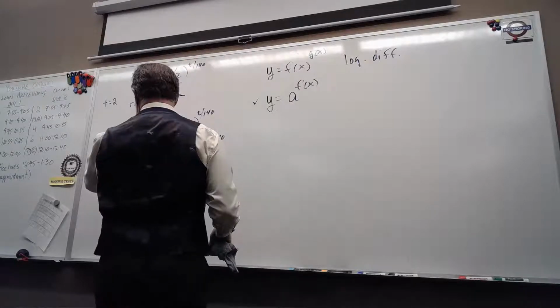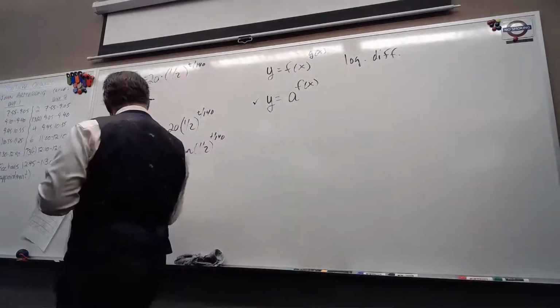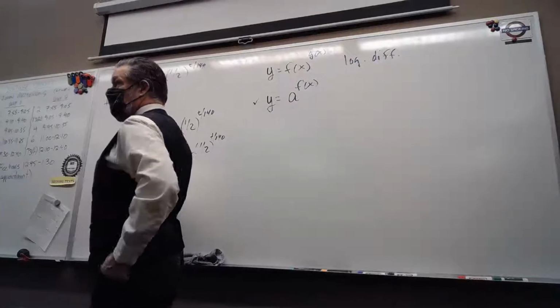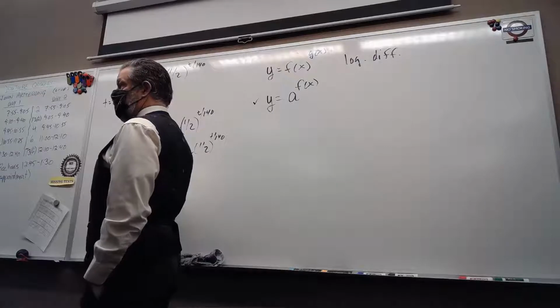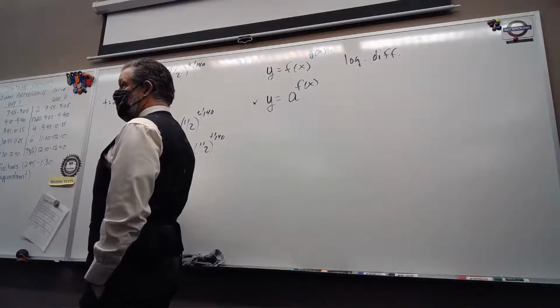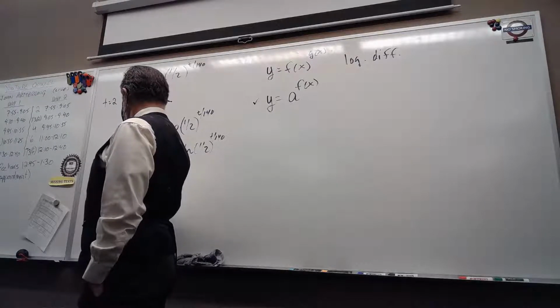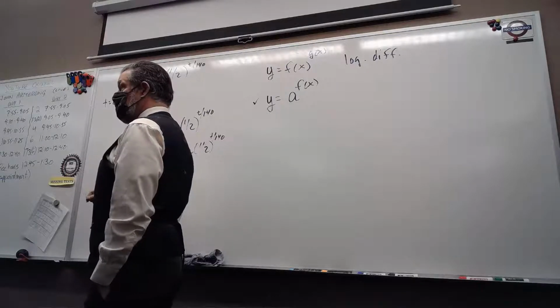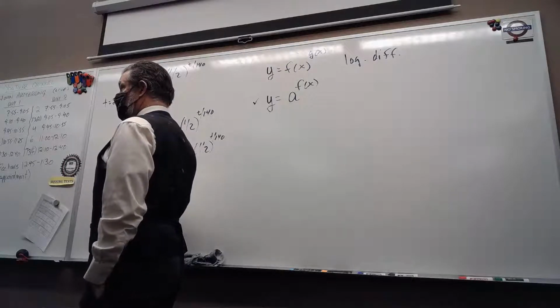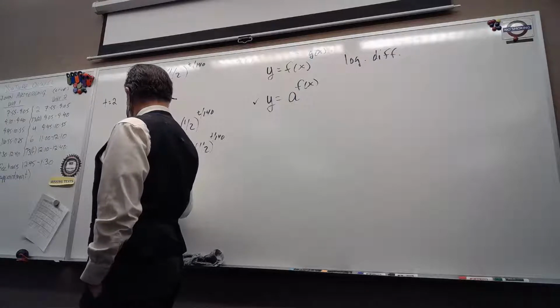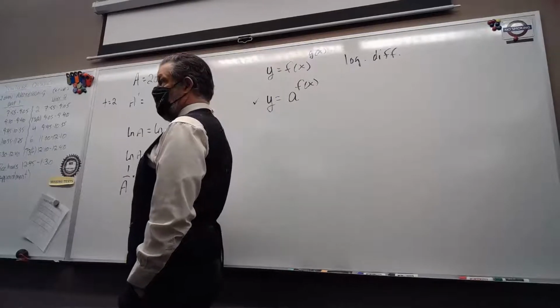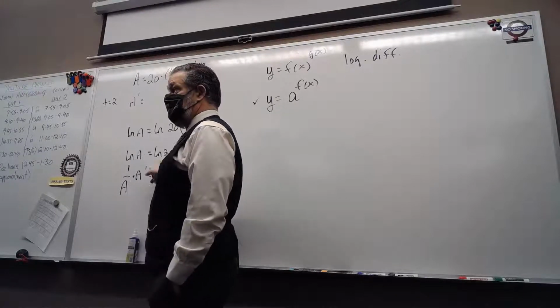Because now I've got, I mean, I can still do this. What's the derivative of that? 1 over A. Chain rule, times what? Derivative of natural log of 20?